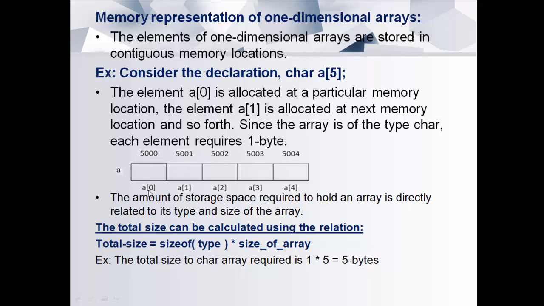So A of 0 has memory address 5000, A of 1 has 5001, A of 2 has 5002, A of 3 has 5003, and A of 4 has 5004.